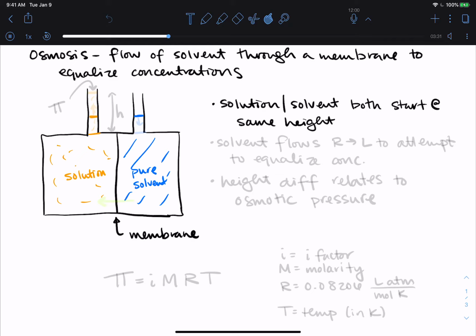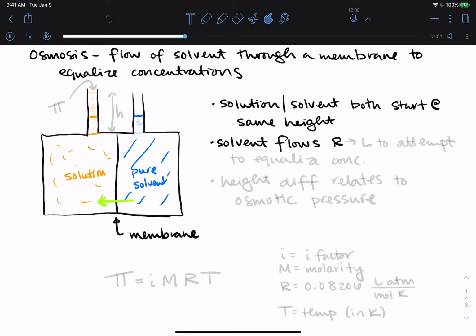So in a normal situation, the flow of solution would go from the right to the left. The pure solvent is going to flow through the membrane into the side that has the solution in an attempt to equalize the concentration.